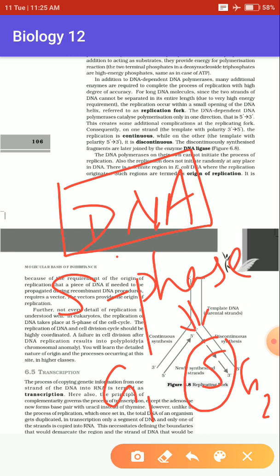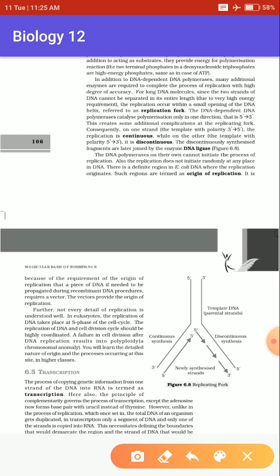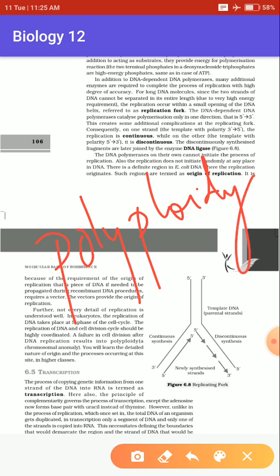If this DNA replication does not take place properly, then that will result in a polyploidy problem. Polyploidy means a situation where the cell does not have the proper amount of chromosomes. It is not possible that no chromosome is present, but the proper amount of chromosomes will not be present.